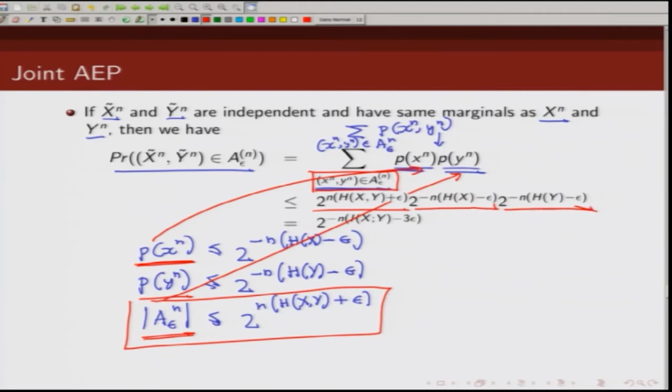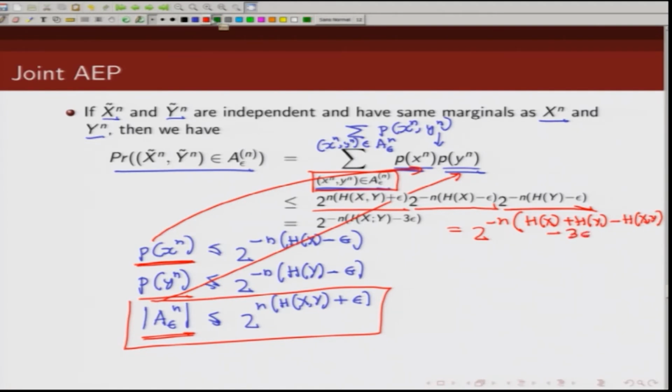So we combine all of this, and what we get is 2 raised to the power minus n times (h of x plus h of y minus h of xy), okay, and we get minus 3 epsilon.